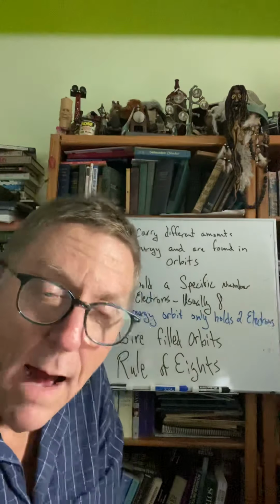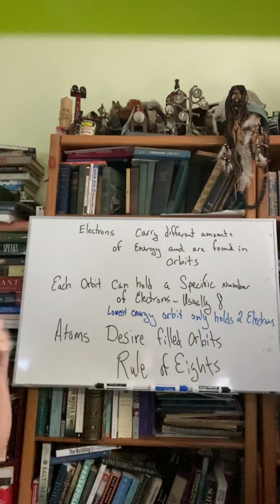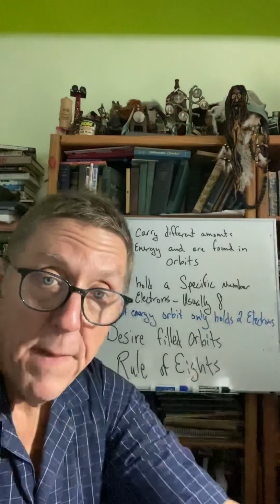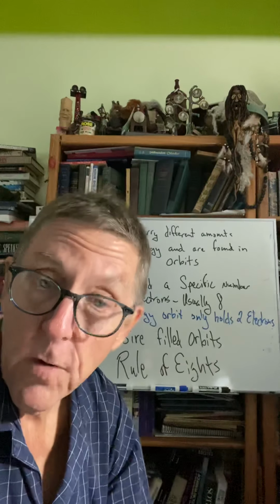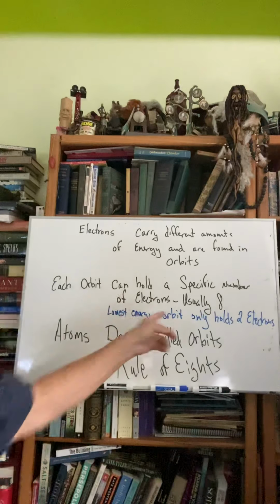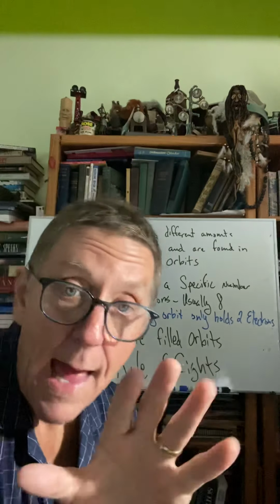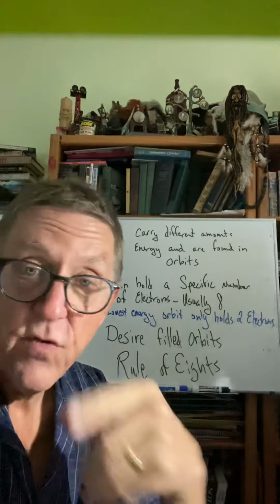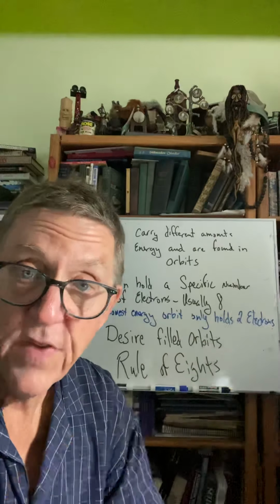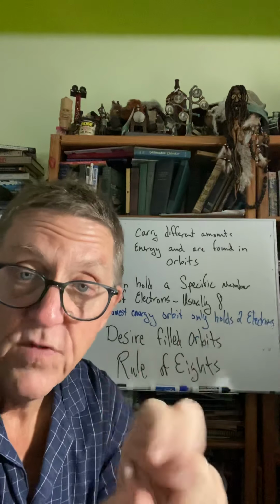So when we talk about electron orbits, they carry different amounts of energy, and so they orbit closer or further away from the nucleus. And in most cases, you're going to be able to have 8 electrons in each of those orbits, all of them except the one that is closest to the nucleus, which only holds 2.